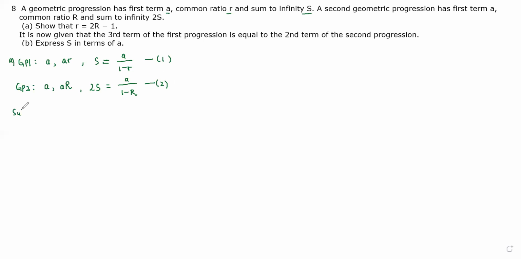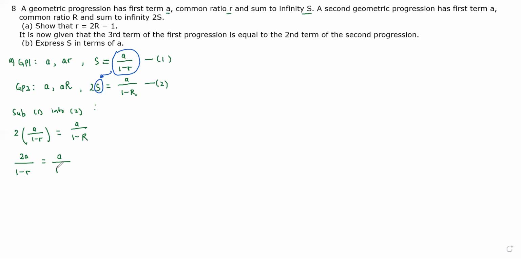What we could do is substitute equation number 1 into equation number 2. So we take this part, since this is S, and substitute into this S here. Upon substitution, we have 2 A over 1 minus R on the left, and A over 1 minus r on the right.